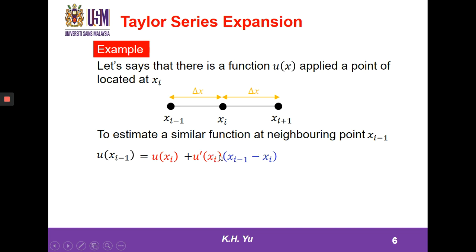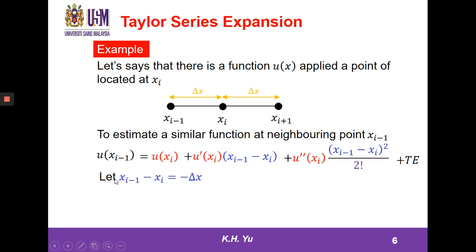The second term is n equals 1, so over here is the first order derivative of u at xi multiplied with (xi minus 1 minus xi), plus the third term. This third term is n equals 2, so this one is the second order derivative. This one to the power of 2 over 2 factorial, plus TE.